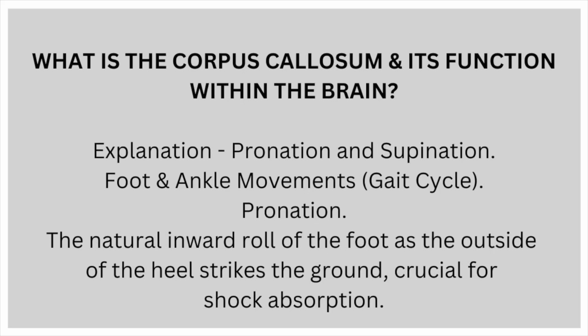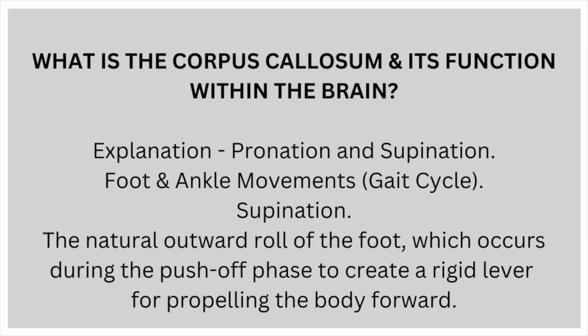Foot and ankle movements, this being the gait cycle. Pronation: the natural inward roll of the foot as the outside of the heel strikes the ground, crucial for shock absorption. Supination: the natural outward roll of the foot which occurs during the push-off phase to create a rigid lever for propelling the body forward.